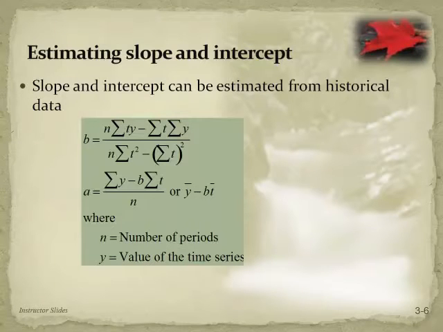So these are the formulas for calculating the slope of the line and also the intercept. They look kind of intimidating. Don't worry about them. You're not going to be asked to do calculations like this for exam purposes.